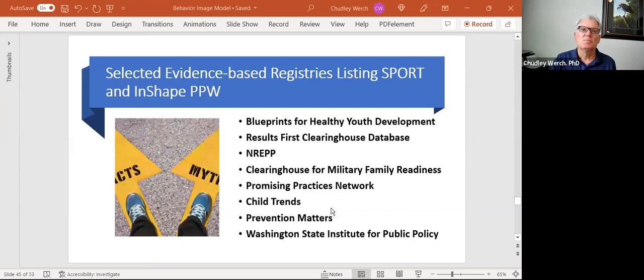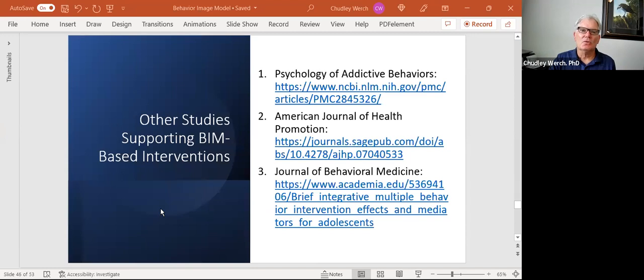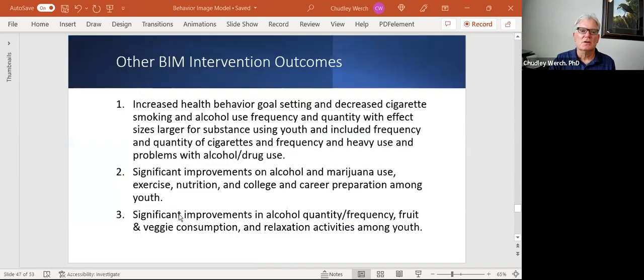That's why sport and InShape are on evidence-based registries, like Blueprints for Healthy Youth Development. But we had also some other studies using the behavior image model, other interventions, and these were published in other journals. And here's some of these other outcomes. And so you can see, again, multiple behavior outcomes for youth, for young adults, across nutrition and exercise and alcohol and marijuana, etc.